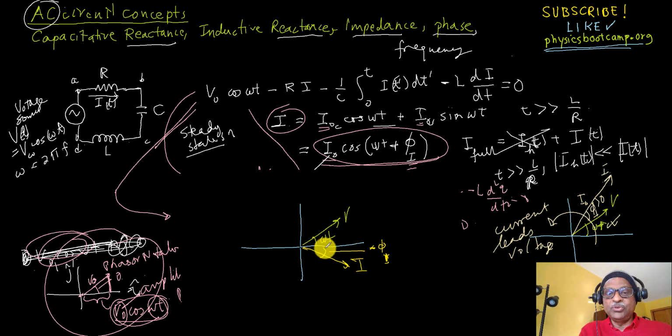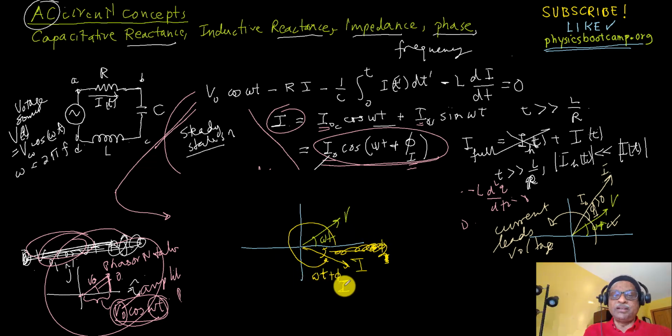So actually, this whole angle will be omega t plus phi I. Let me erase all of that. So that's the phi I, right? In this case, you can see that this angle phi has to be modulo 2 pi.